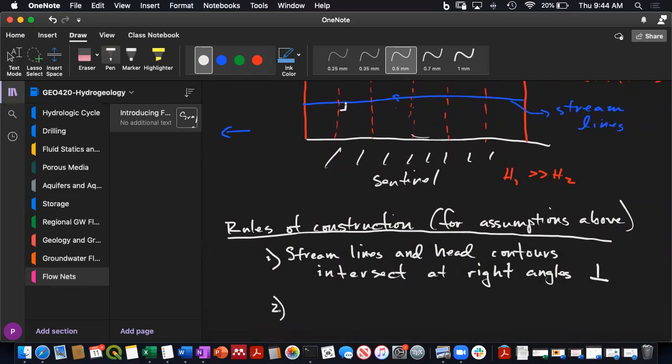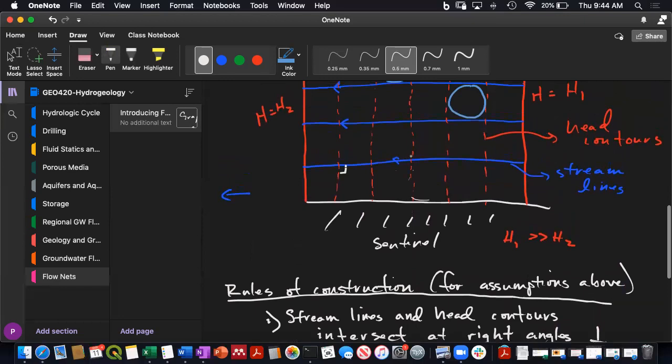Two, head contours. These also get called equipotential lines. It's all the same way of saying that this is a contour of a head value, right?